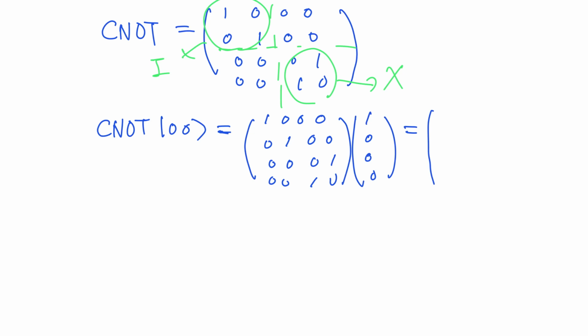I do have a pointer here. The first element, if we multiply with this column, what do you get?